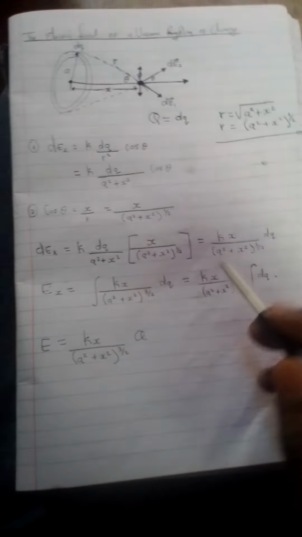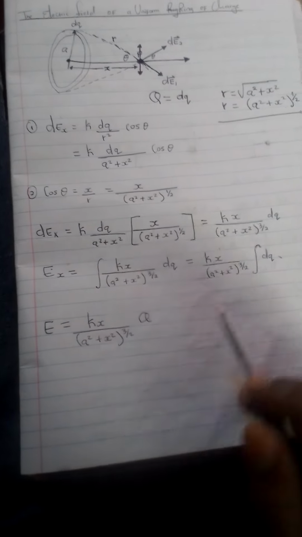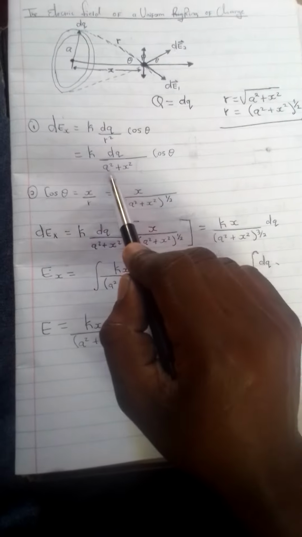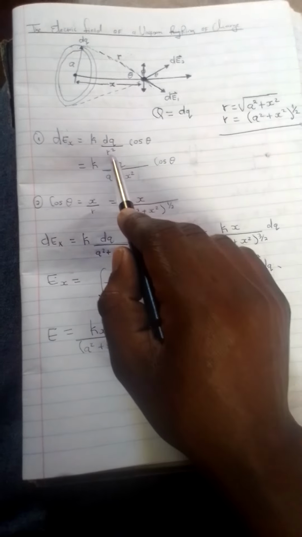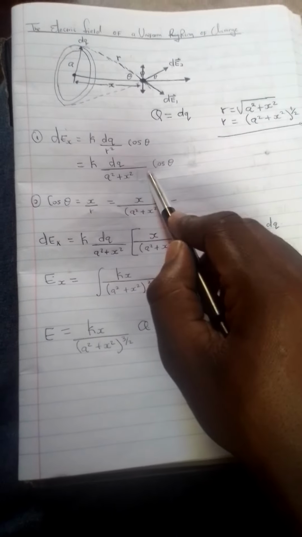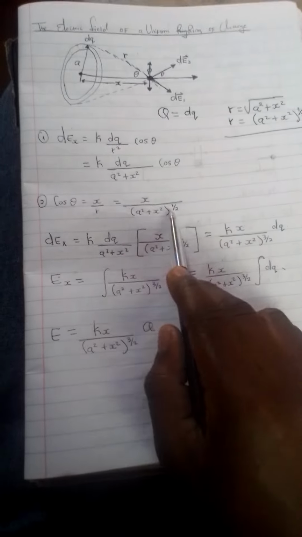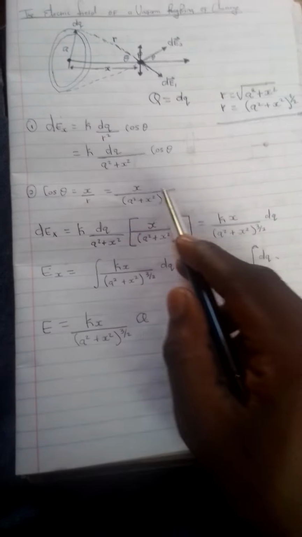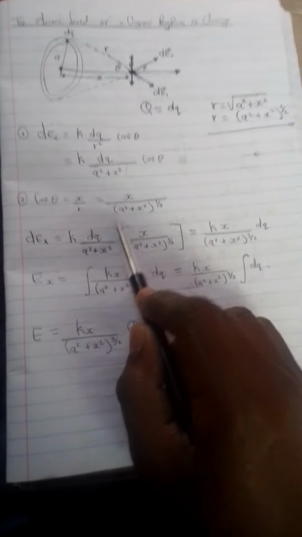I continue with the components of the electric field along the x-axis. Then I have kq over r squared. Remember that we said that r squared is equal to a squared plus x squared. Okay. Remember that we found that cosine is equal to x all over a squared plus x squared all to the power of 1 over 2.